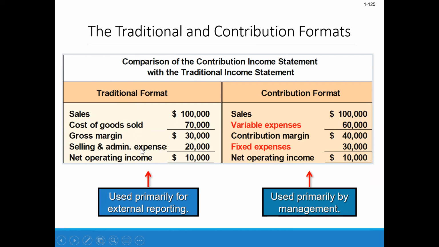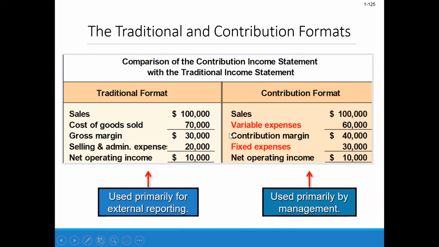That's what we're familiar with in financial accounting. In managerial accounting for management, a contribution format statement can be more beneficial.